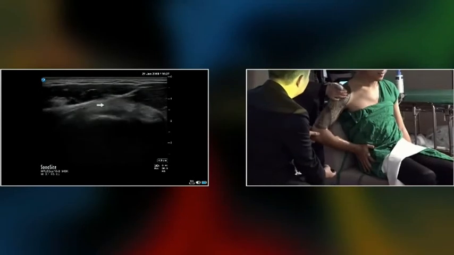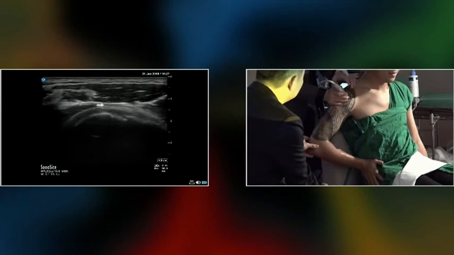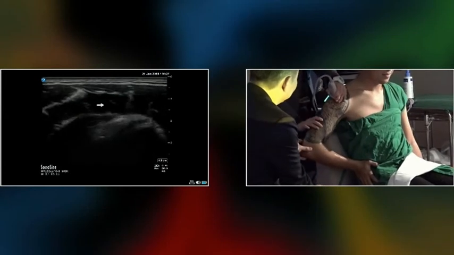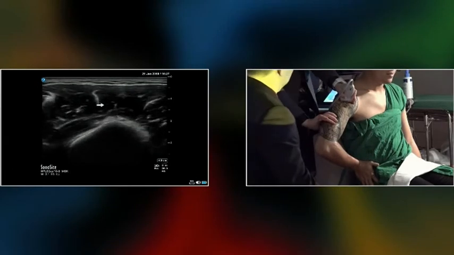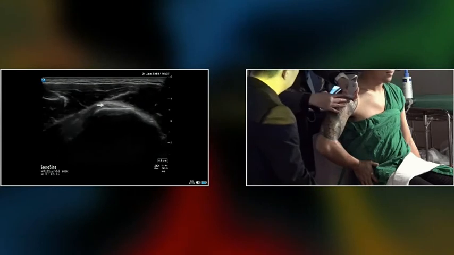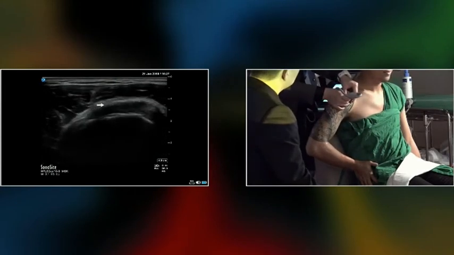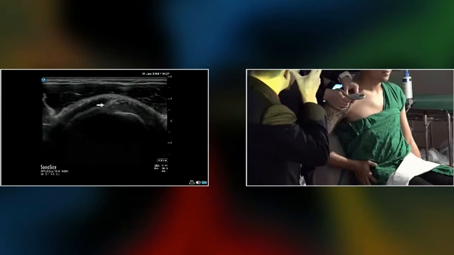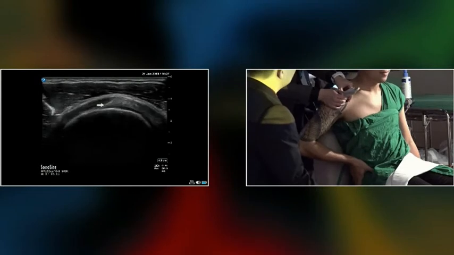So here you can see slowly, we try to scan to the anterior. And then when he moves like this, you can see it go back to the bicipital groove with the biceps. So that's the rotator cuff interval.